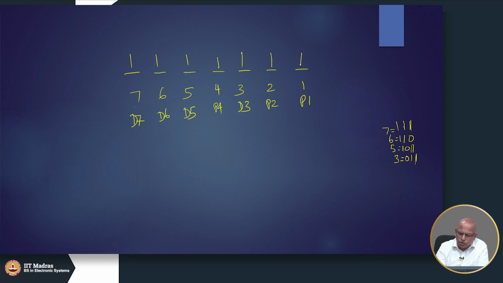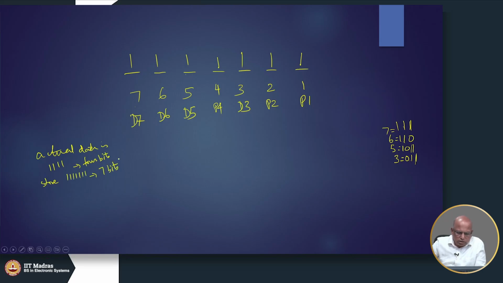So though the actual data is 4 bits, we store 1111111, 7 bits. So it is going to be expensive.